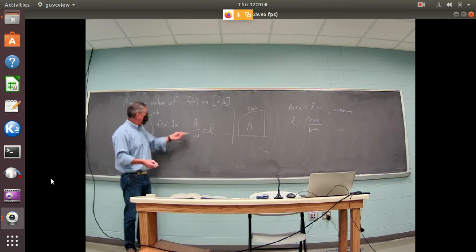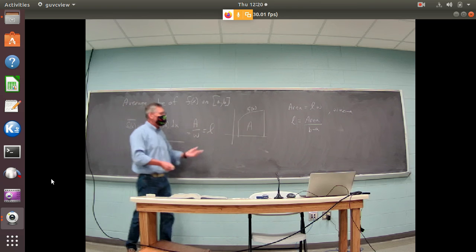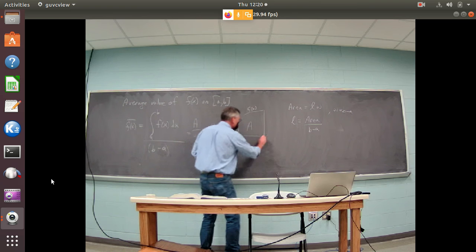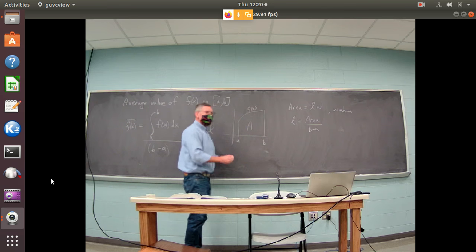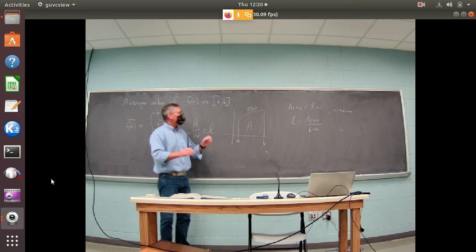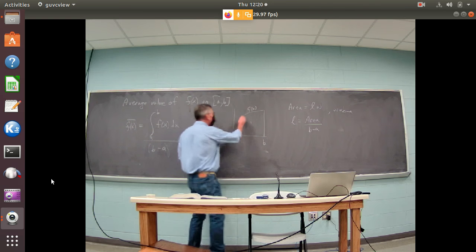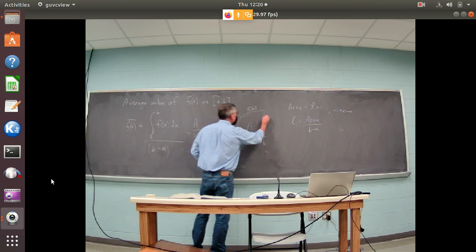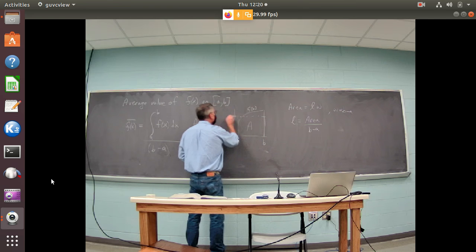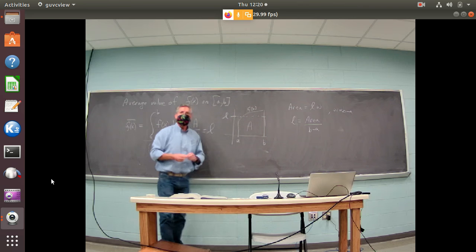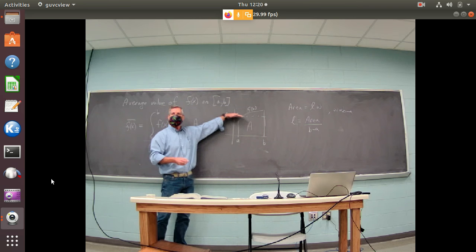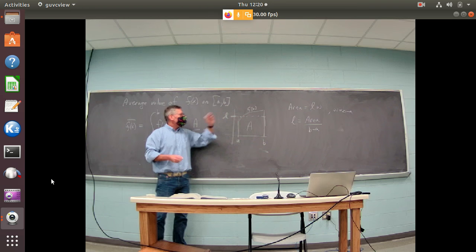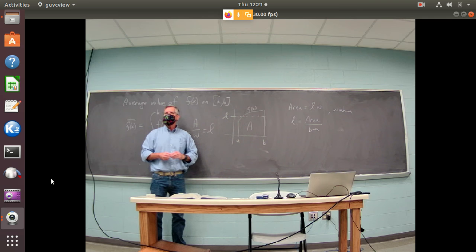And so what this calculation has done, because this goes from a to b, is it has determined the height of a rectangle, there's L. It's determined the height of a rectangle that has the same area as A there.